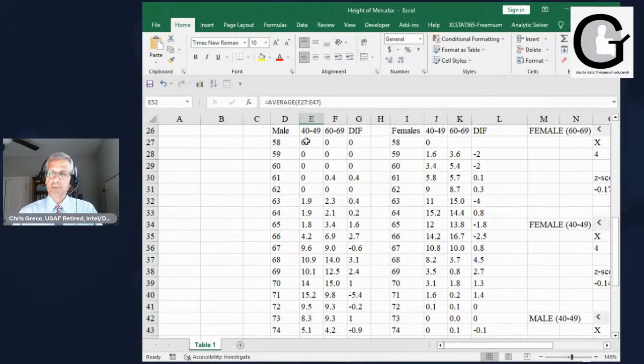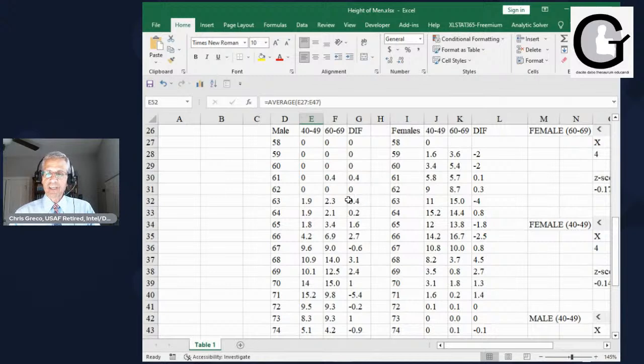And I even took the difference between males 40 to 49 and 60 to 69, and it's interesting. It really is interesting, because at 61 inches you have 0 at 40 to 49. Now you have 0.4. So you actually had a percentage increase of individuals that are 61 inches, yet none here.